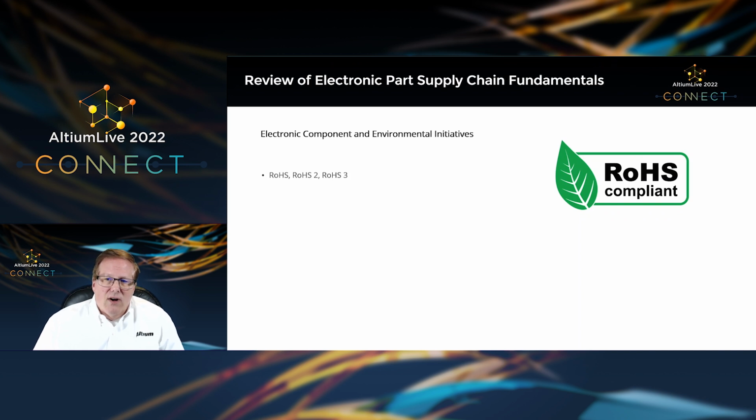Now, RoHS 1 was recast and entered into RoHS 2, and basically the scope of the restriction of new substances and exemptions, and also coherence with another EU legislation called REACH, which I'll discuss in a couple of seconds, was put into force. And then RoHS 3 was updated.